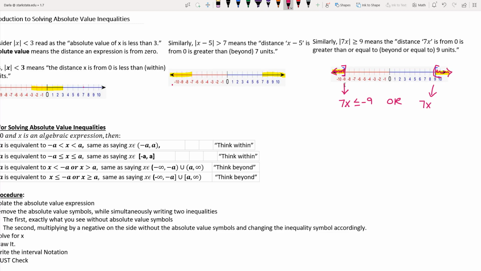So that means our 7x could be greater than or equal to 9. So our absolute value splits into two inequalities. The first is exactly what you see, and then the second is exactly what you see but do the opposite of the side that doesn't include the absolute value expression, but then the symbol also has to flip.